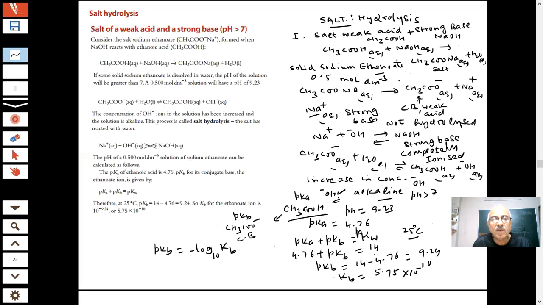So the Kb value is 5.75 into 10 minus 7. So that is the Kb for this.